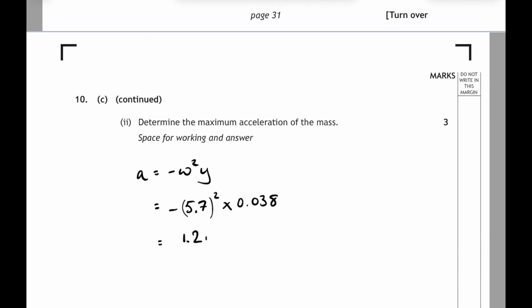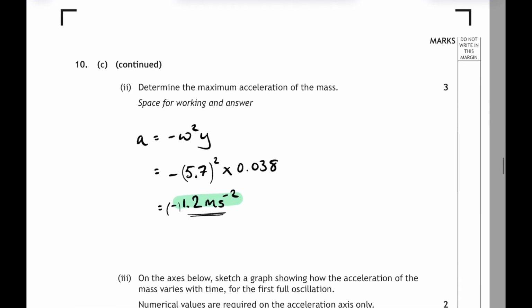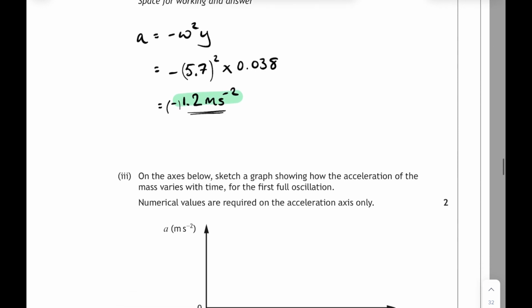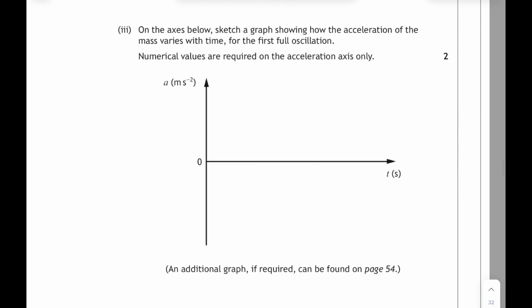And if you do that on your calculator, you'll get an answer of 1.2 meters per second squared. And you might be wondering, should I put a minus sign in my answer? Well, you can put it in if you want. You can leave it out if you like, because the maximum acceleration will be 1.2 meters per second squared vertically upwards and vertically downwards when the mass is at its extremity positions.